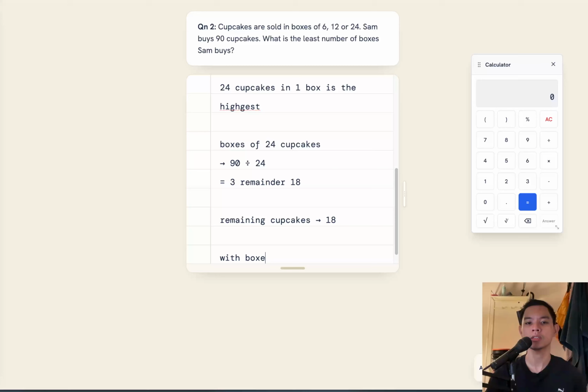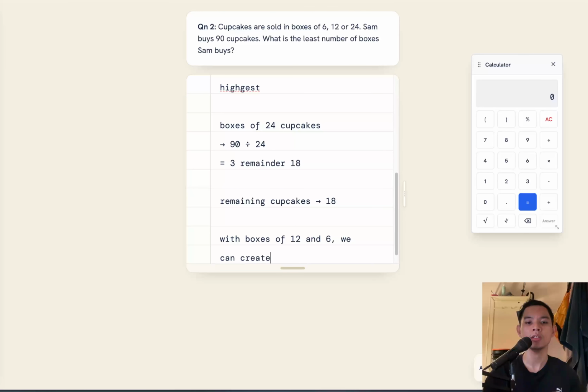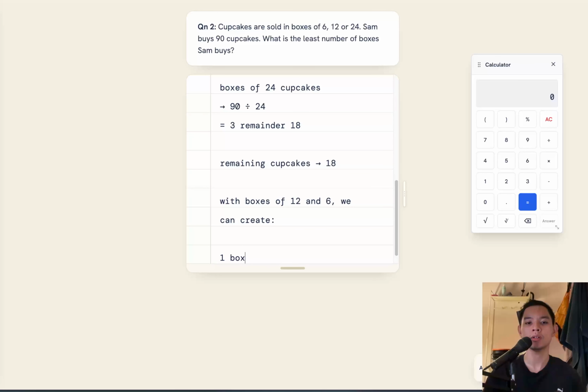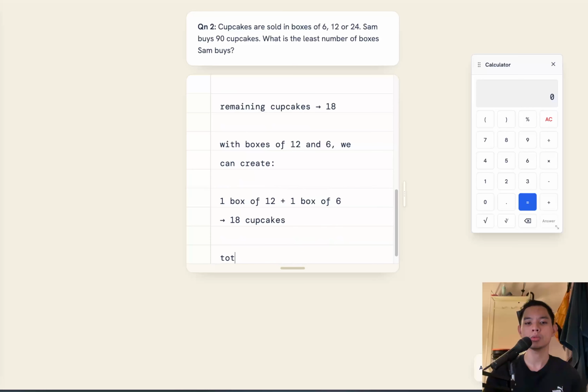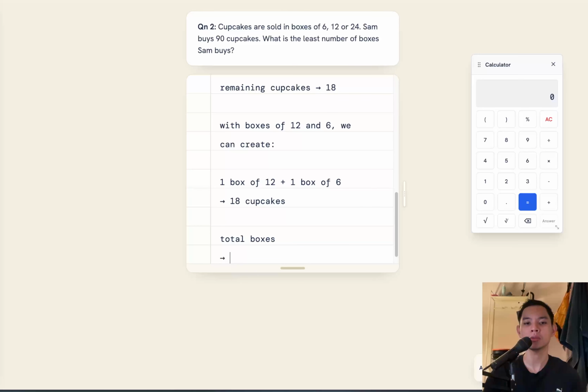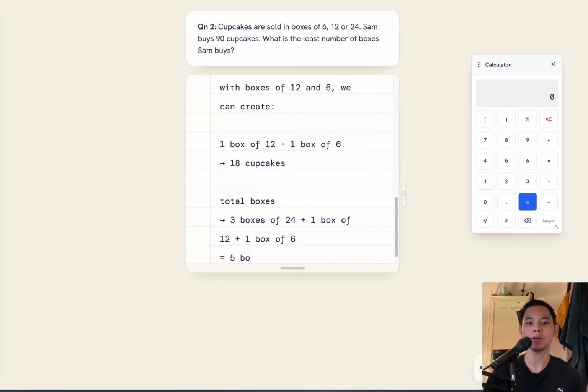With boxes of 12 and 6, we can make one box of 12 plus one box of 6, which will give us 18 cupcakes. So the total boxes is 3 boxes of 24 plus one box of 12 and one box of 6. In this case, it is 5 boxes. So there you go. The answer is 5 boxes.